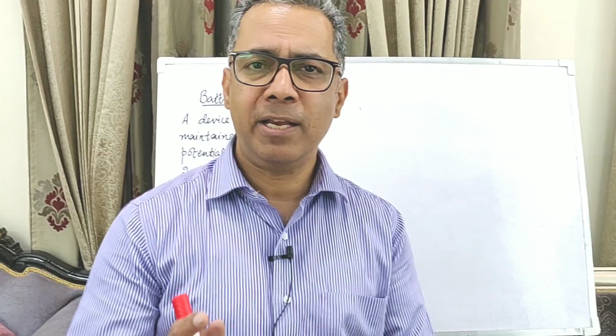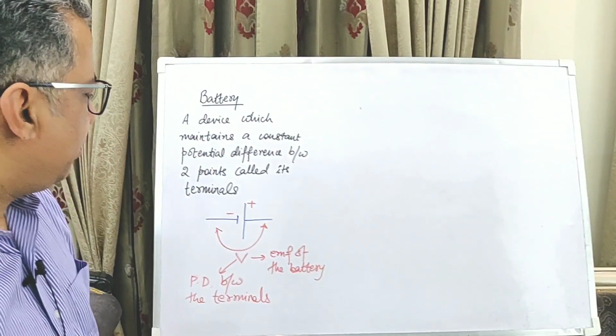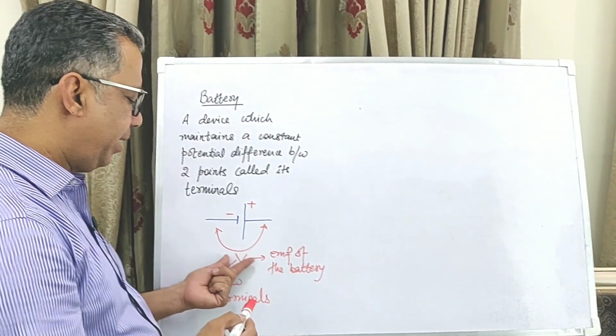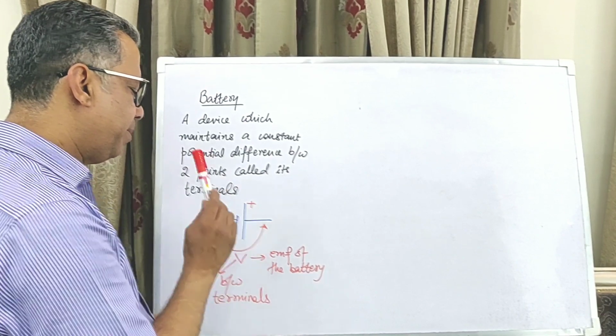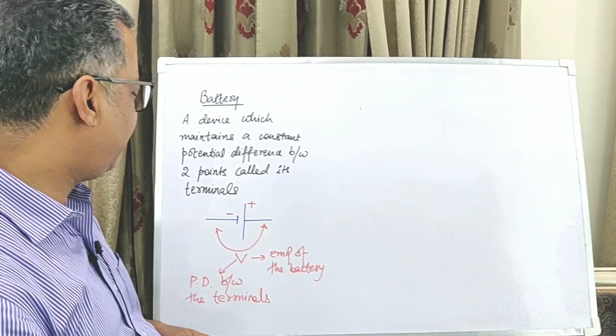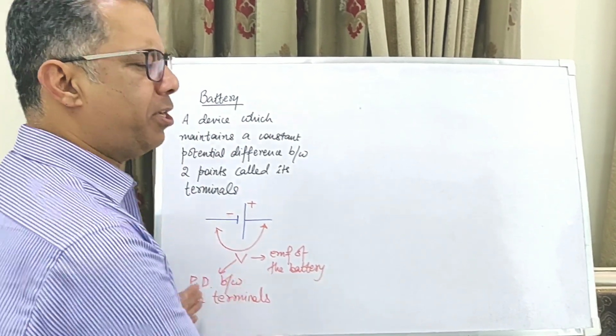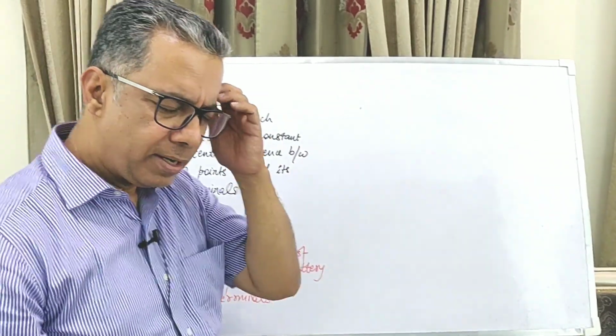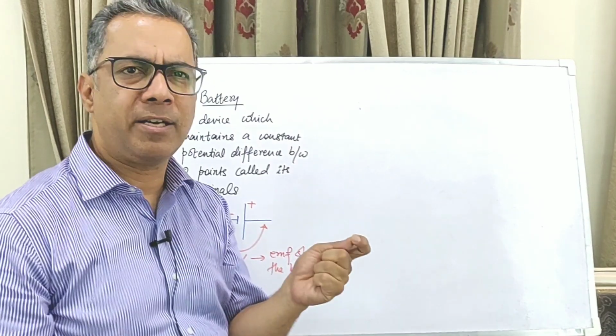The belief being that the battery kind of gives the electrons a push to cause them to move in a circuit, and therefore the name electromotive force came up, which seems to kind of indicate that it's a force, but it is not. It is a simple potential difference. So if the EMF of the battery is V, the potential difference between the two terminals will also be V. So that defines for us a battery. More details on battery will come up later on when we take up this chapter on current electricity.